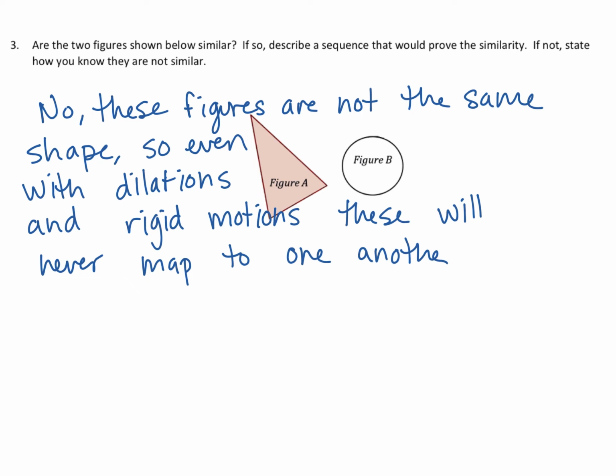They're not the same shape, so no matter how we increase the size or move it across the paper, it is never going to be the same shape, so they are not similar.